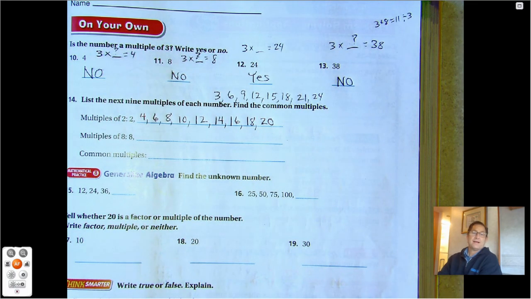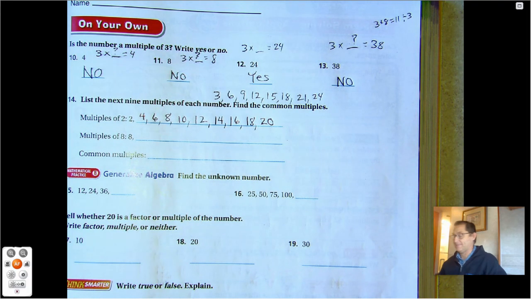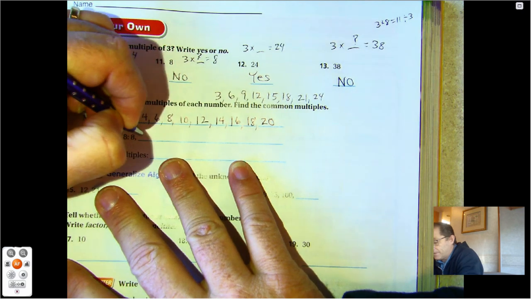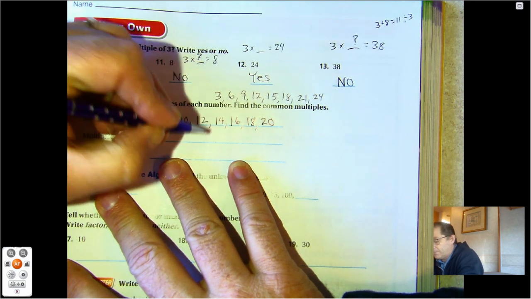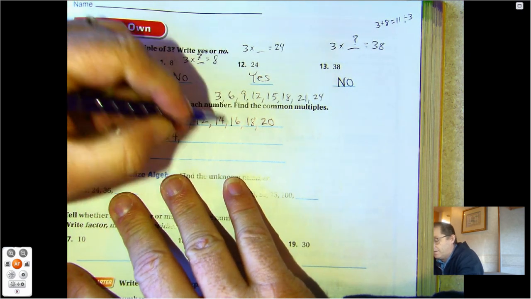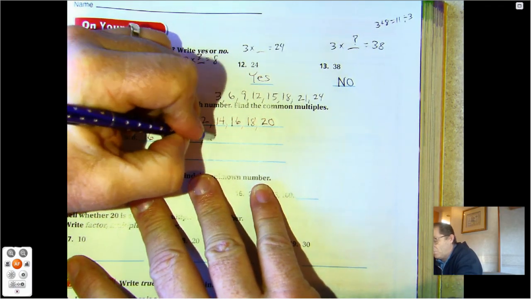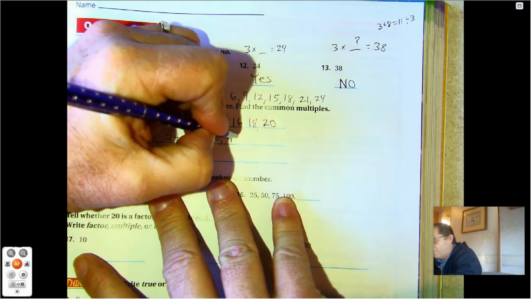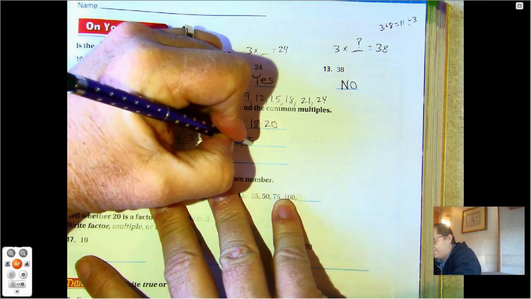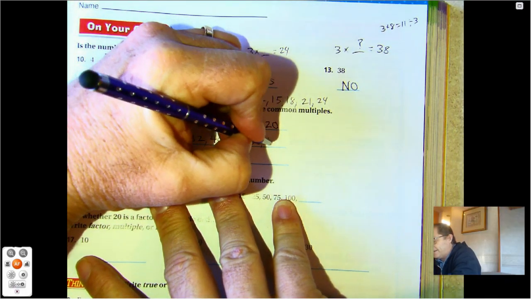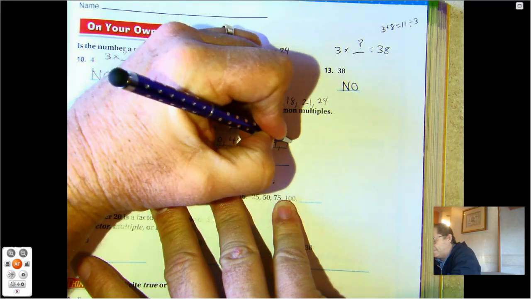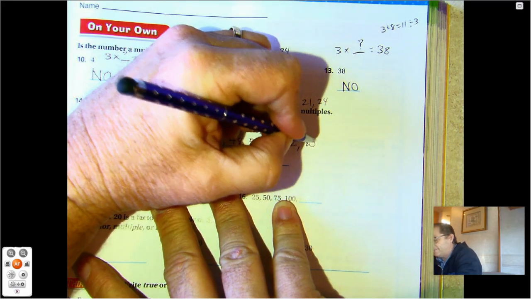Okay. Now find the next 9 multiples of 8. 1 times 8 is 8. 2 times 8 is 16. 3 times 8 is 24. 4 times 8, 32. 5 times 8, 40. 6 times 8, 48. 7 times 8, 56. 8 times 8, 64. 9 times 8, 72. 10 times 8, 80.